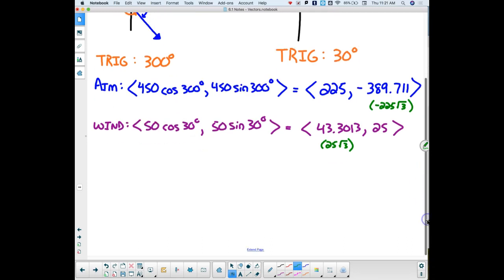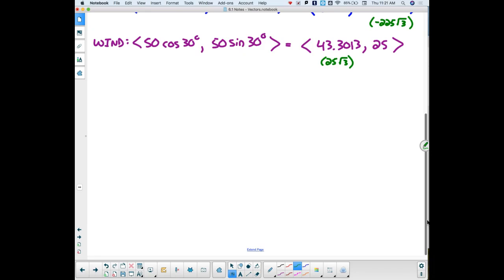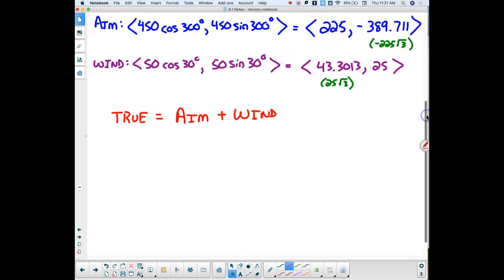So now, my true flight, which is what the question was asking, my true flight is going to be my aim plus my wind. Scroll back up so I get both of those on there.